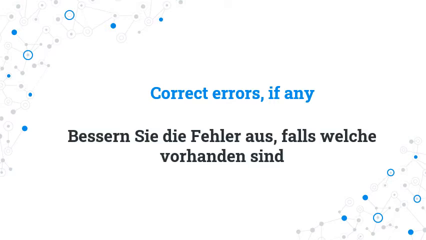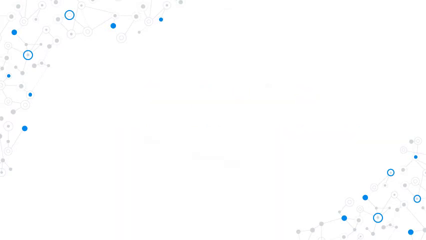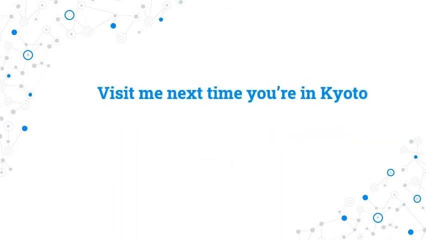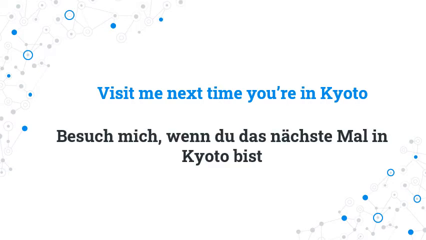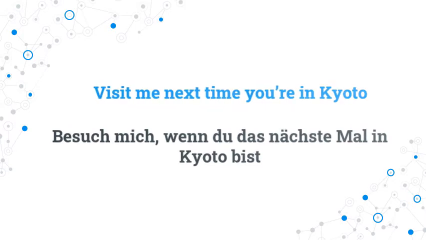Bessern Sie die Fehler aus, falls welche vorhanden sind. How do you say, visit me next time you're in Kyoto, in German? Besuch mich, wenn du das nächste Mal in Kyoto bist.